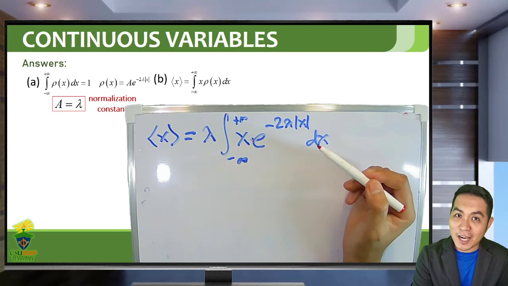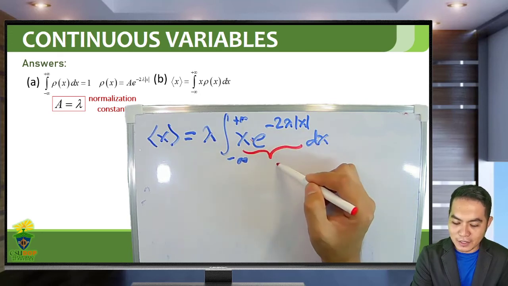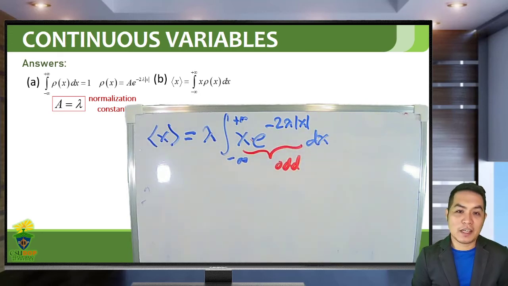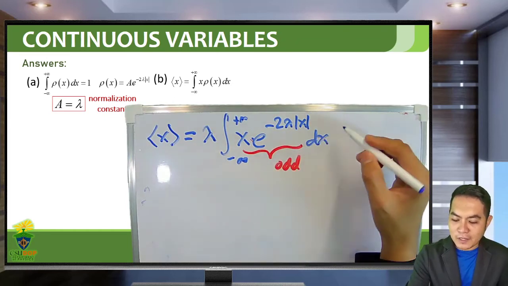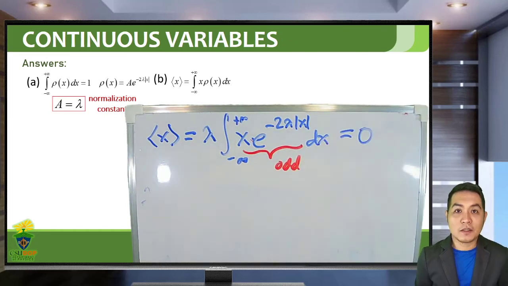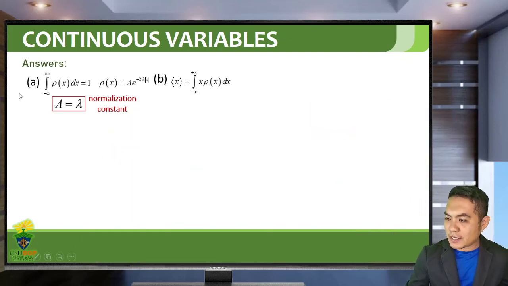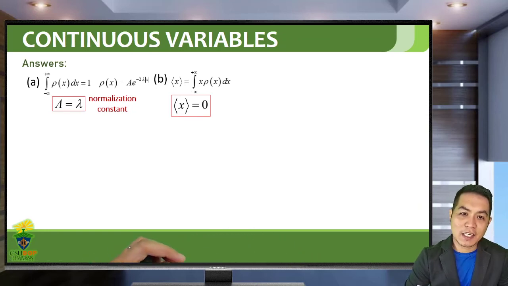You get an odd function. If you multiply two odd functions, it becomes an even function. If you multiply two even functions, it becomes an even function. So therefore, odd integrand, even limits, so this is 0. No need to integrate. This means that our average value of x is 0.